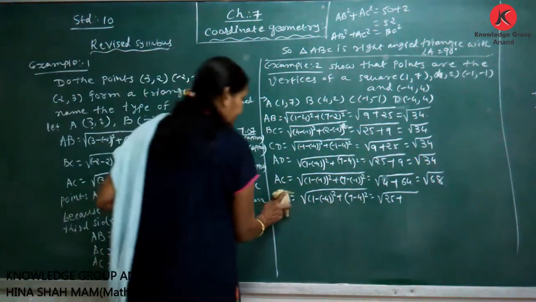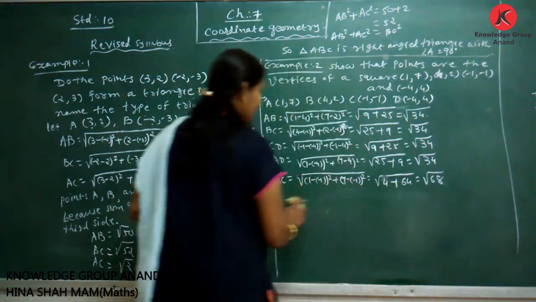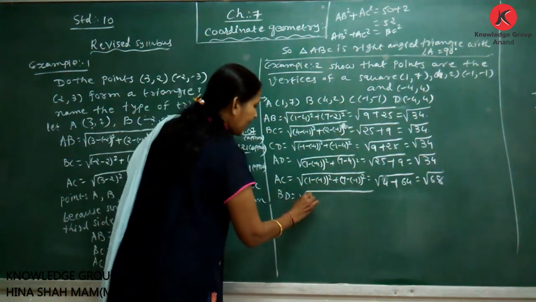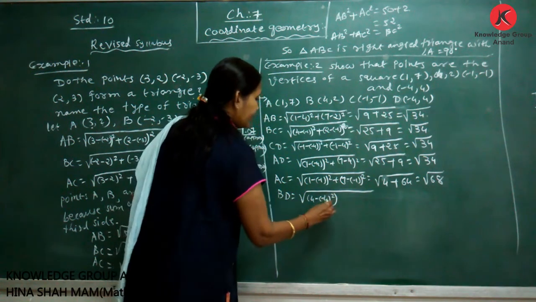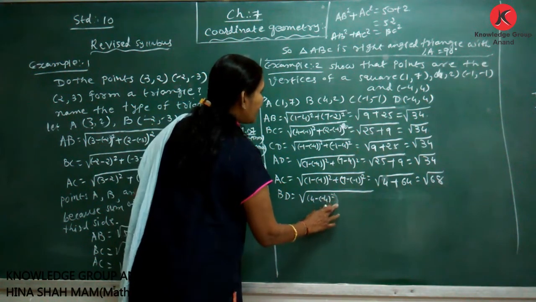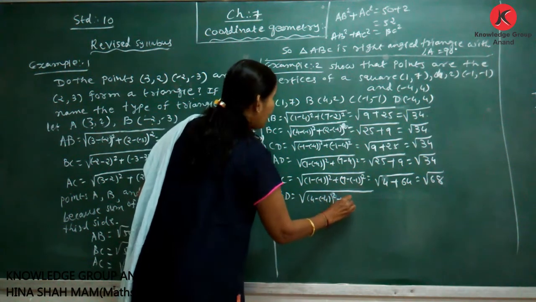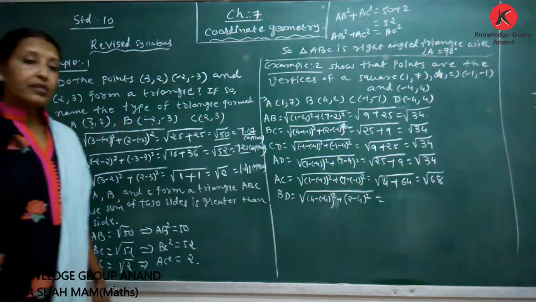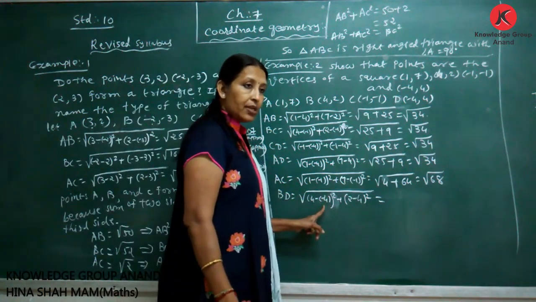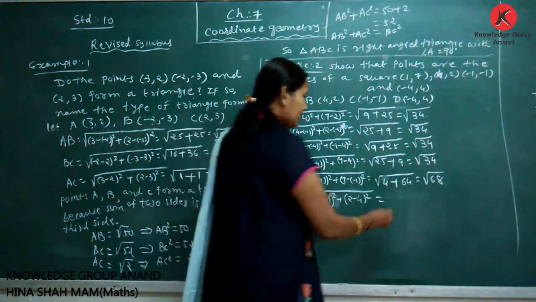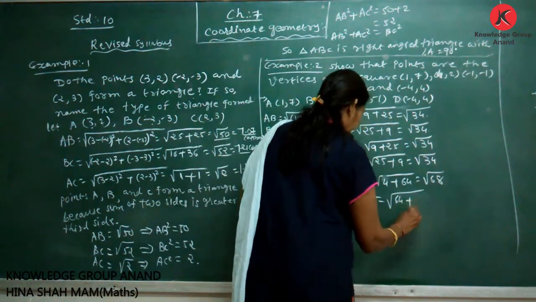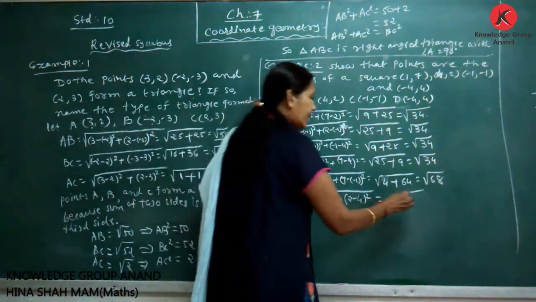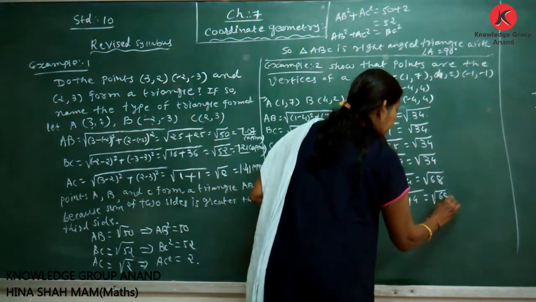BD is the root of (4 plus 4) square plus (2 minus 4) square, 8 square is 64, plus (-2) square is 4, 64 plus 4, root 68.